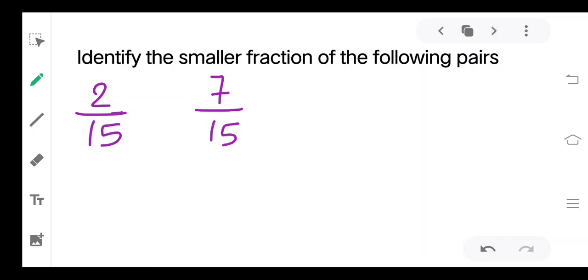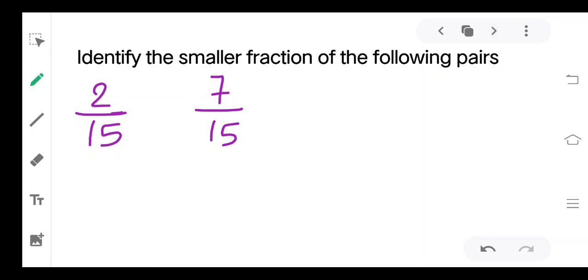Now students, identify the smaller fraction of the following pairs. In our previous question we learned what the greater fraction is, and here we have to find the smaller fraction.